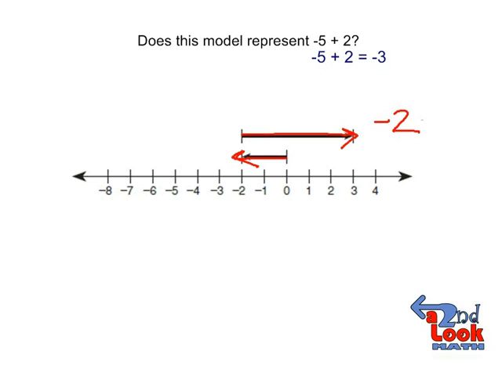We're going how many spaces? Let's count it. 1, 2, 3, 4, 5 spaces. We're going in the positive direction, 5 spaces. So that's -2 plus 5, and that ends at 3. -2 plus a +5 is 3.